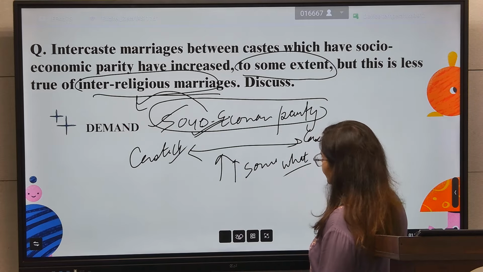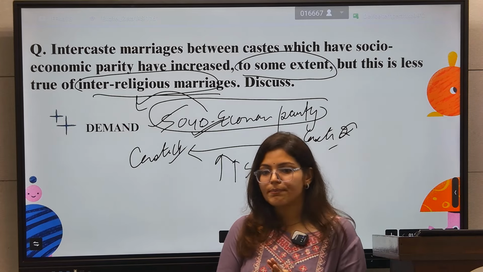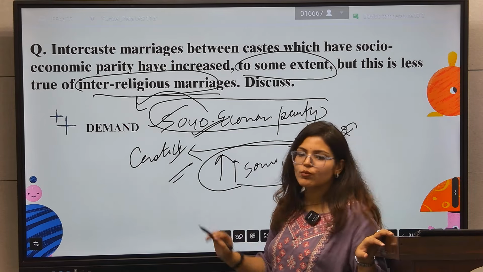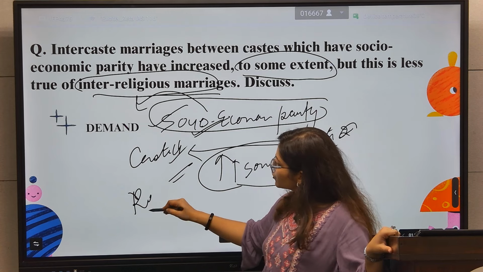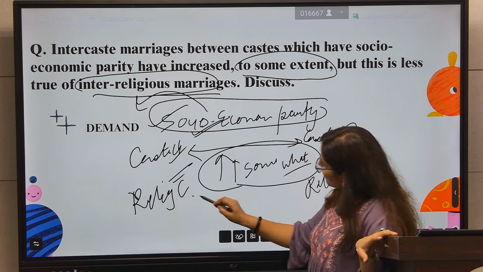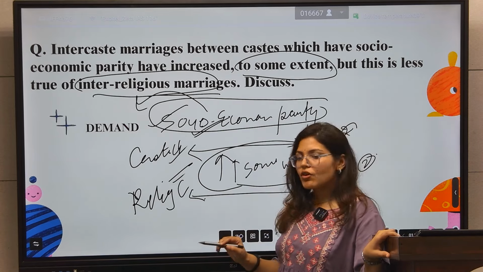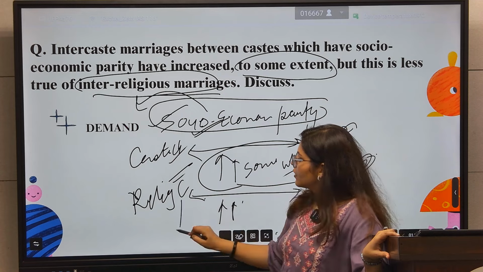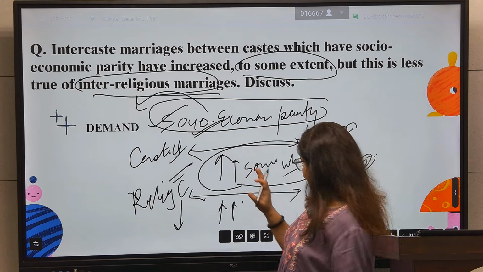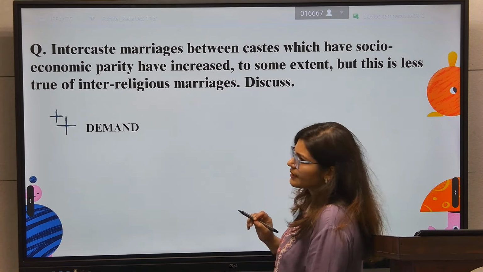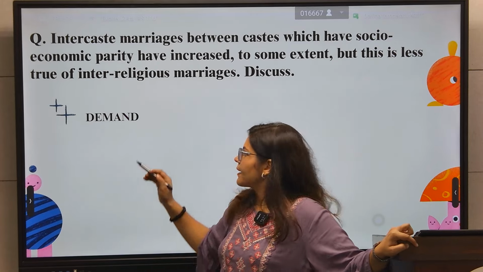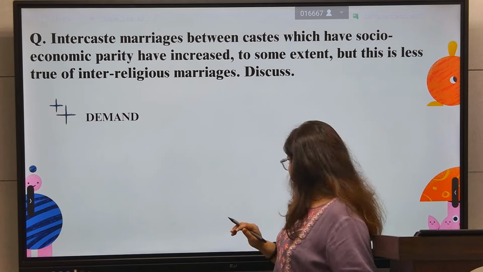So if there is caste 1 and caste 2 and they have socio-economic parity, then marriages between these two castes are possible now somewhat. But if there is one religion and there is a second religion, interreligious marriages have not increased so much, even if they have socio-economic parity. So the question is about why intercaste marriages are increasing among those with socio-economic parity and interreligious marriages are not following this trend.